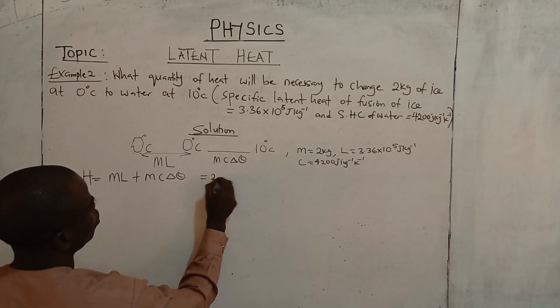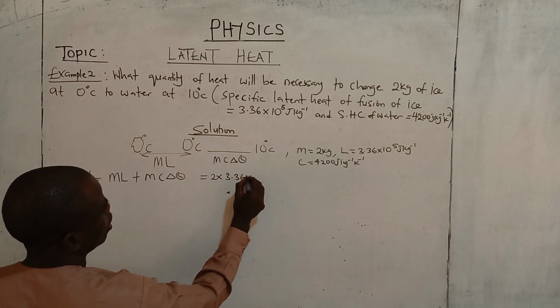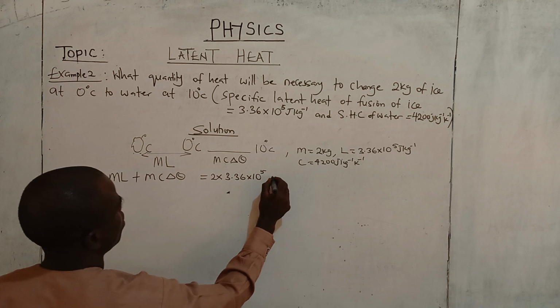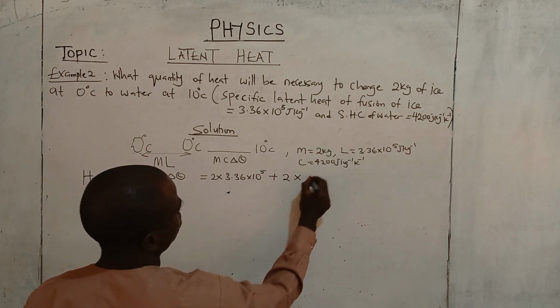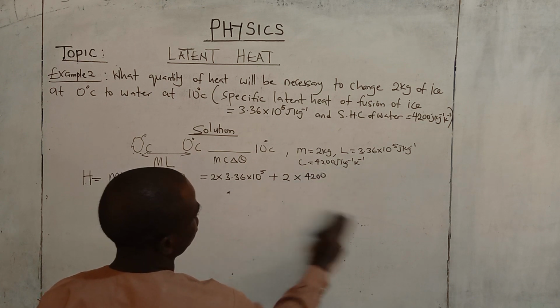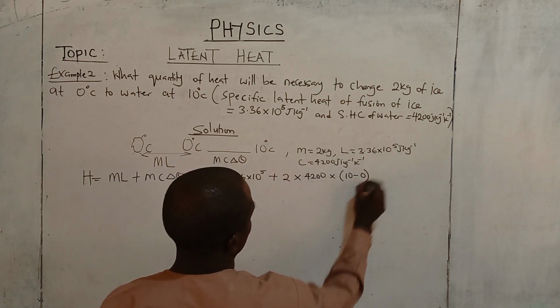Now we have 2 times 3.36 times 10 raised to power 5 plus, what's the mass? Same mass, 2 times 4,200 times 10 minus 0.